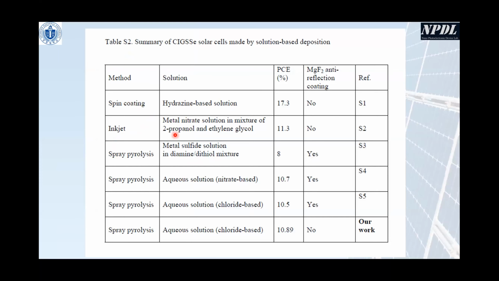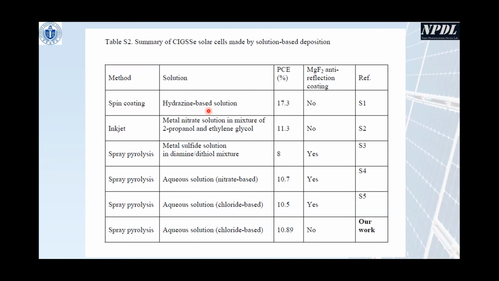So actually, this table I am just planning to show you why we approach this method. You see that these are the highest efficiencies obtained yet. In our lab we usually use pyrolysis. In the pyrolysis case, the highest efficiency is 17.3, but they use a hydrazine-based solution.